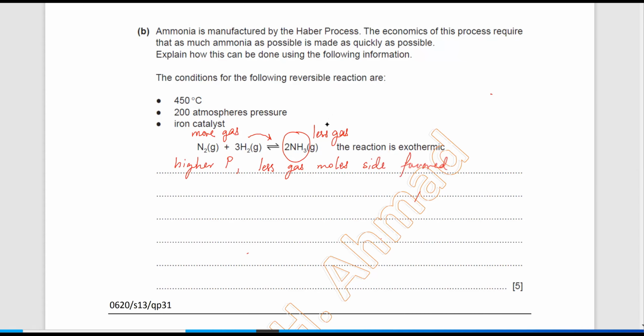That's the first thing. So which in this case would be the forward reaction. फिर आप कहोगे कि अच्छा you can't use a higher pressure. Why? Because economics के it's going to be costly. So the use of higher pressure increases cost.